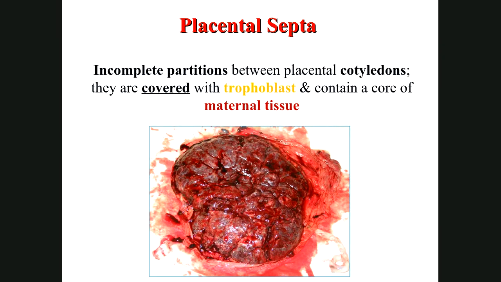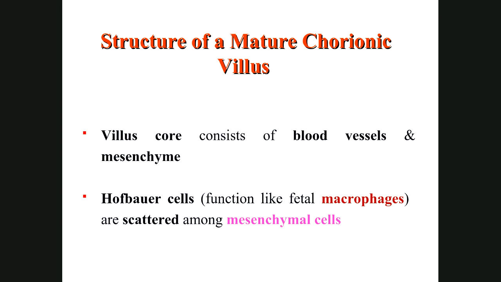Incomplete partitions between the placental cotyledons are covered with trophoblast and contain a core of maternal tissue. The villus core consists of blood vessels and mesenchyme, and you have Hofbauer cells, which are like fetal macrophages, scattered among these mesenchymal cells.